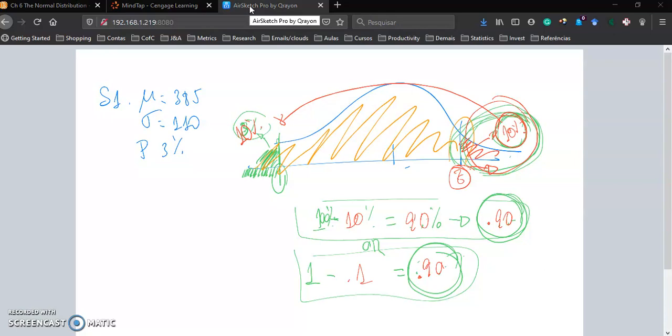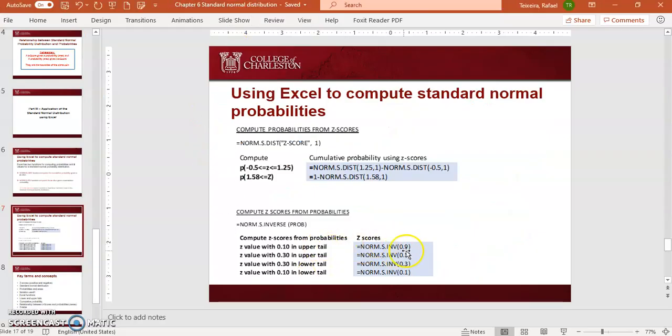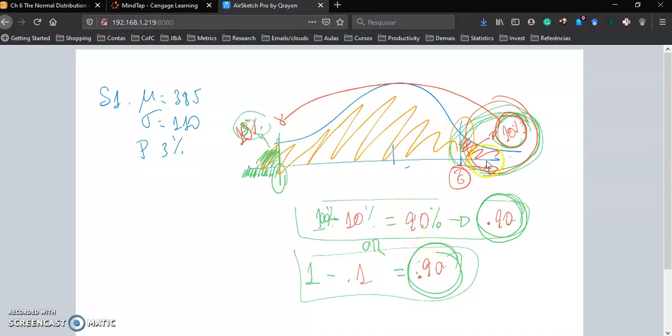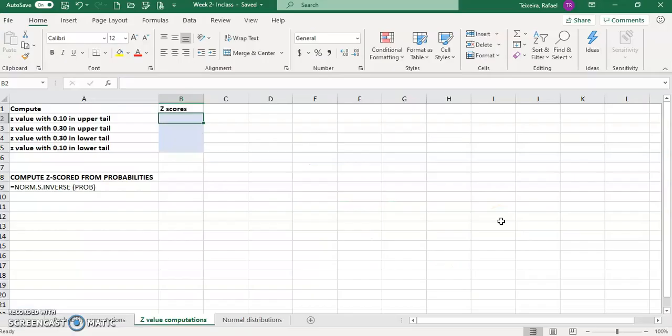You have to be careful if it's upper tail or lower tail. Again, we take 100% of the entire figure, subtract what I want in the upper tail, turn the result into decimal format, and that's the value I enter into Excel.